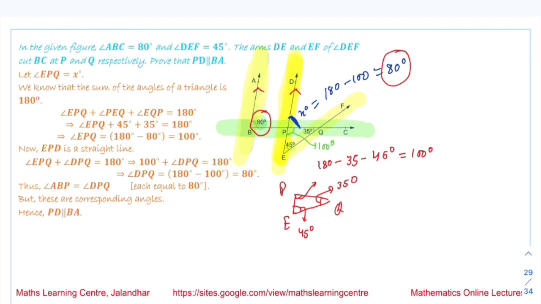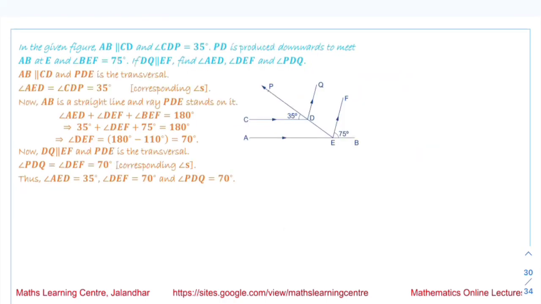Now in the next question, in the figure AB and CD are parallel and angle CDP is given as 35 degrees. It is given that PD is produced downward to meet AB at E, and this angle is given to be 75 degrees.